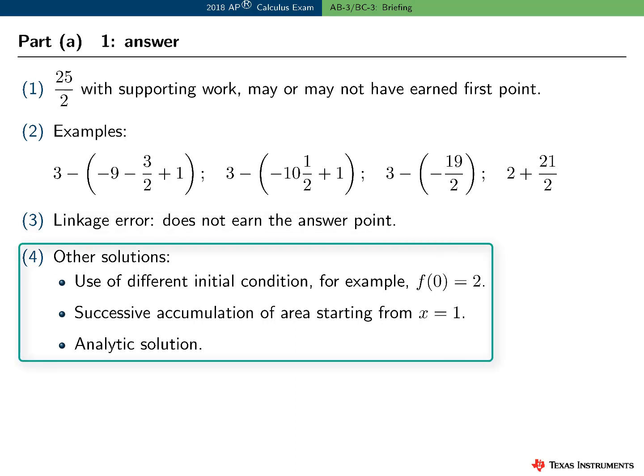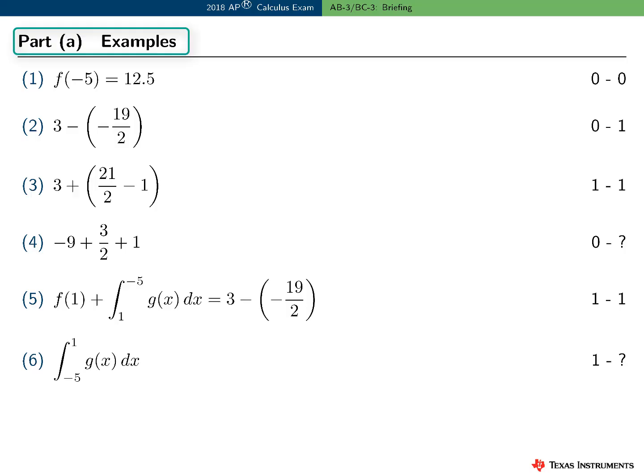And there were other valid, perhaps longer, solutions to this problem. And these involved the use of a different initial condition, successive accumulations from x equal 1, or even an analytic solution, which involved finding an algebraic expression for g. Here are some example responses and how each was scored.